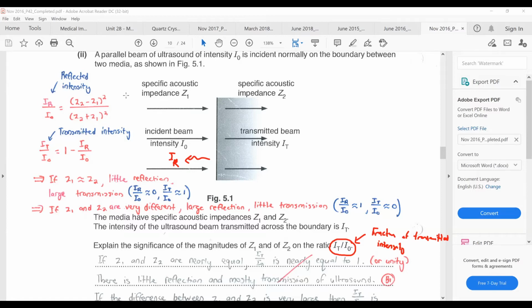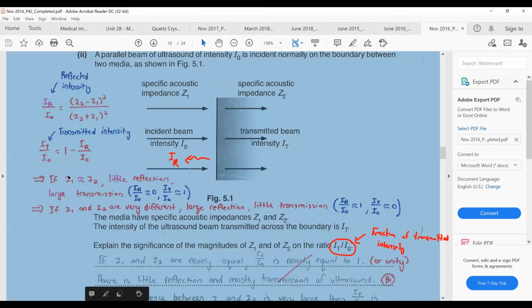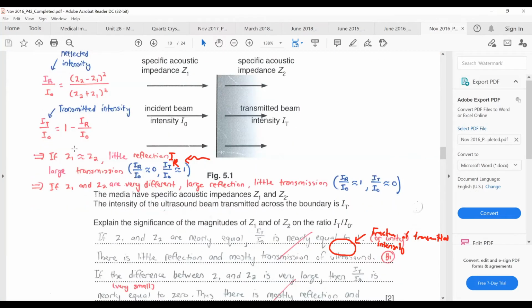If you're referring to the fraction of intensity reflected, if your Z1 and Z2 are very much the same as each other, the difference between them is considered to be small. So your IR will be small, but in return, your transmission will be large, right?